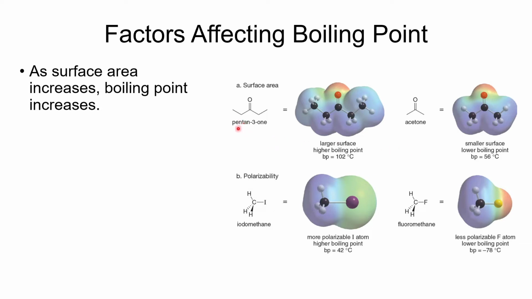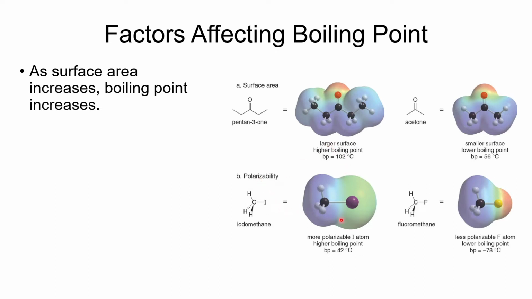An example here: we've got 3-pentanone and acetone. The 3-pentanone does have the dipole-dipole interactions, but because it has these extra carbons, it also has extra van der Waals interactions. And so with that larger surface area, it has a higher boiling point.